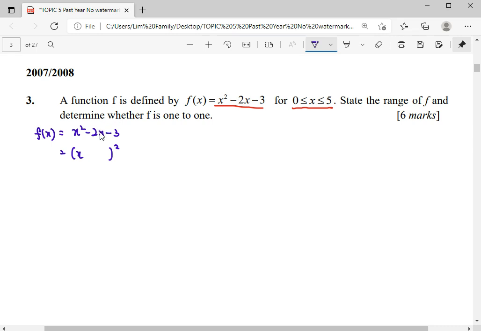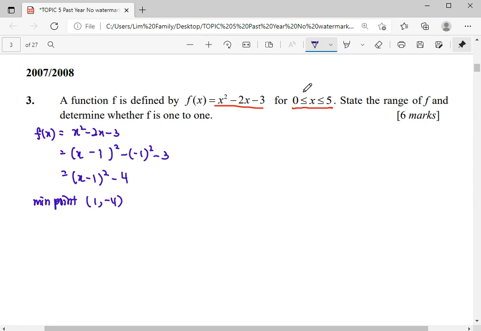So negative 2 divided by 2 is negative 1, minus back the value. So here will be (x - 1) squared minus 4. So we can see clearly, our minimum point occurs at 1, negative 4.